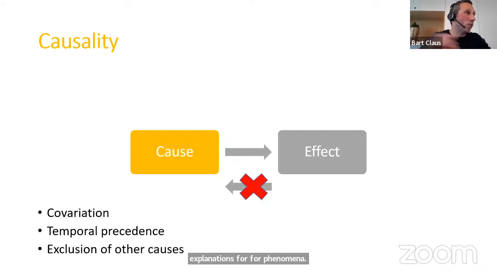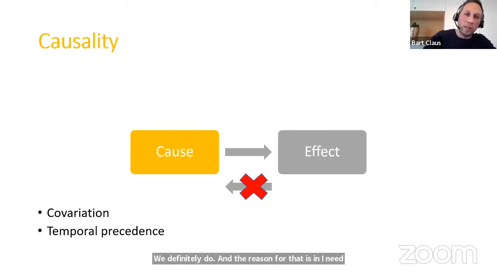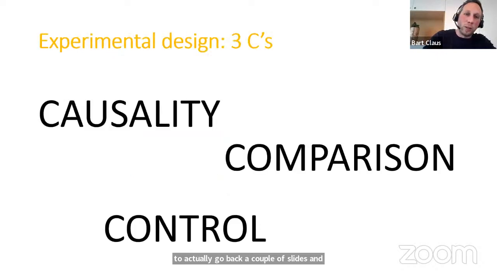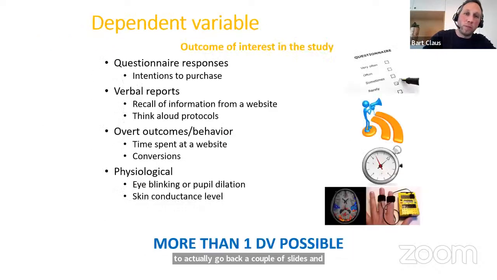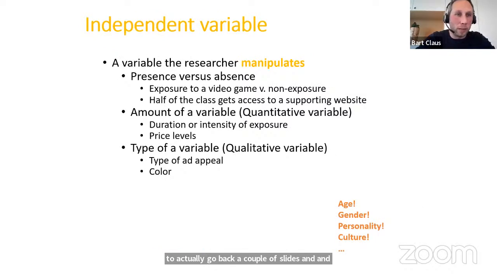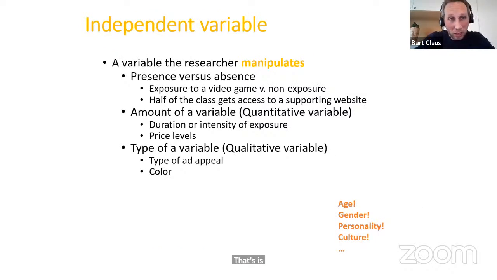Do we also care about an experiment being ethical? We definitely do. The reason for that, and I need to go back a couple of slides and emphasize this, is the potential for harm in manipulating subjects, right?